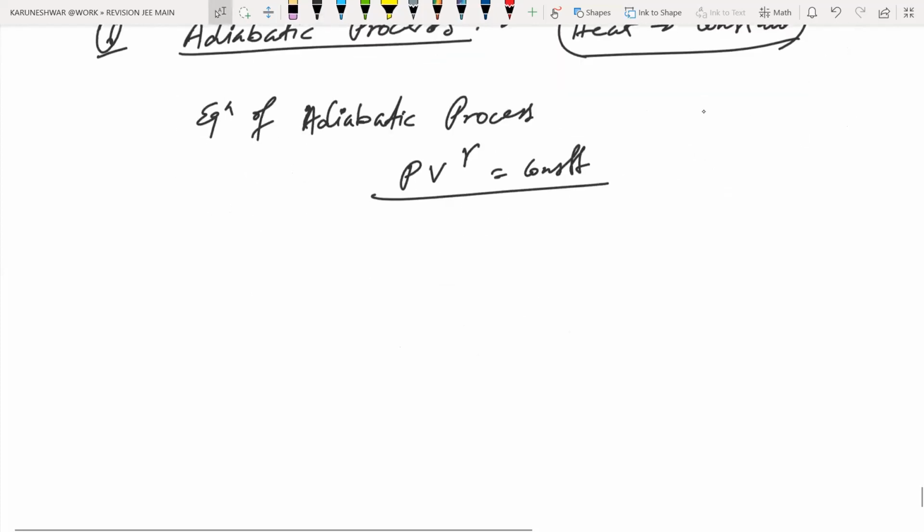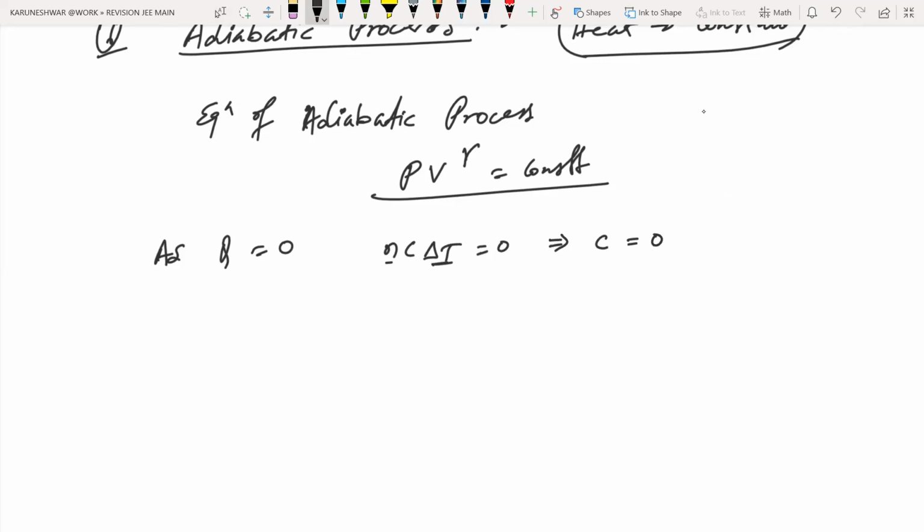Next, we know there is no change in heat here. As heat is zero, we can say nC delta T is zero. And we know that delta T is not zero and n is not zero, so we can say C is equal to zero.